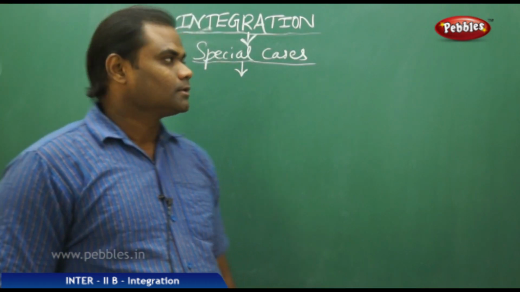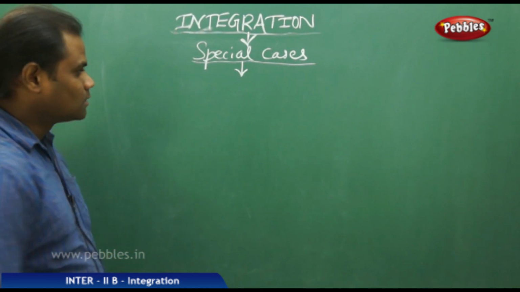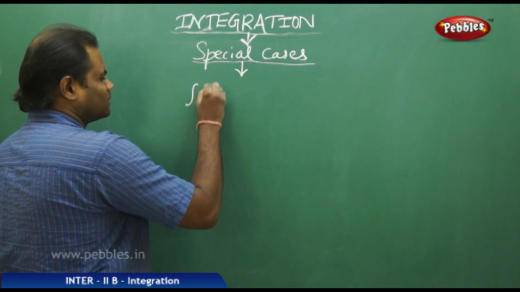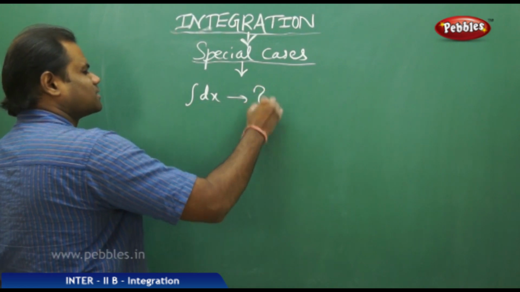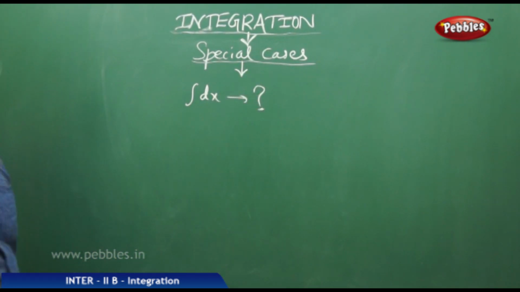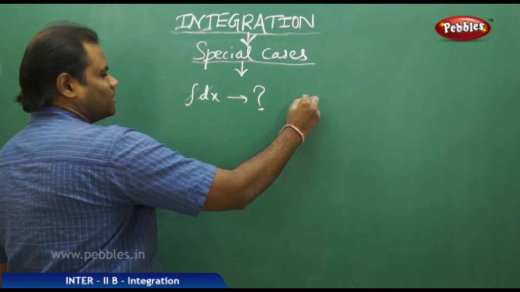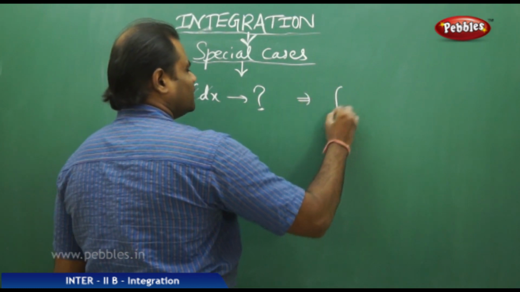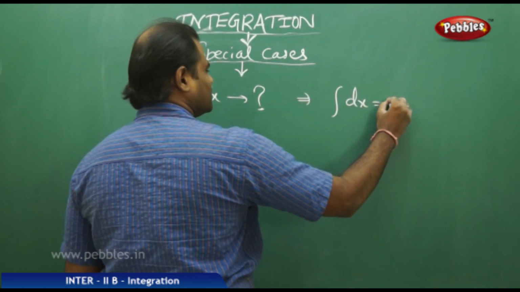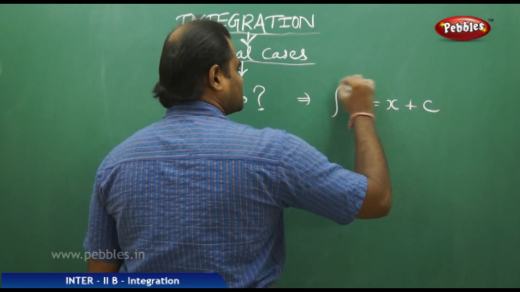Now let's see the special cases. If I want to find integral dx, then what is the value of integral dx is the biggest question. Now as we know that integral and derivative get cancelled, therefore integral of dx is always said to be x plus c.